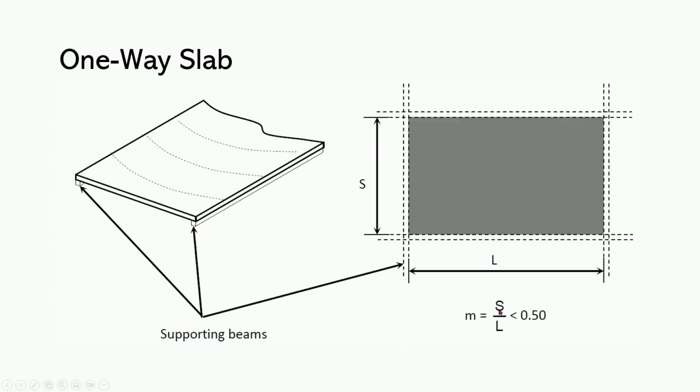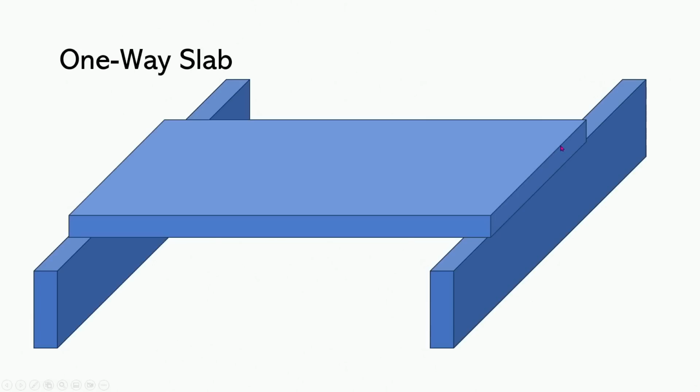However, if S over L is less than 0.5, then it won't matter if it's supported on all four edges. It will still be a one-way slab. Kasi diba, if your S is small, and then your L is very large, then malaki talaga yung chance na magbe-bend dito yung slab natin, kasi masyado tong mahaba. Again, let's say this is our S, itong side na to, and then this is L. Notice that this dimension is significantly larger than this one.